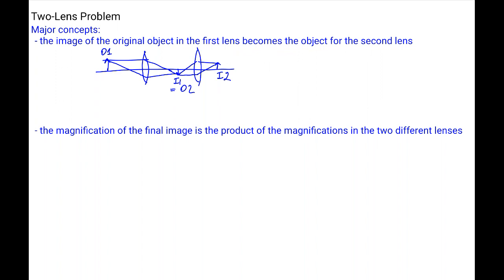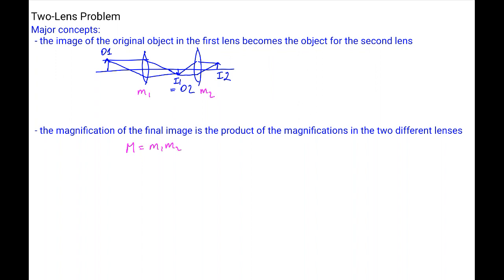The second concept is that the magnification of the final image is a product of the magnifications in the two different lenses. So let's say that we have a magnification M1 in the first lens and a magnification M2 in the second lens, then M is going to be M1 times M2.